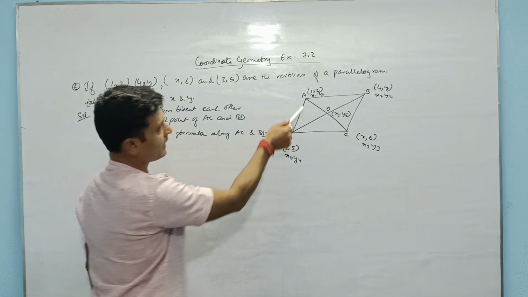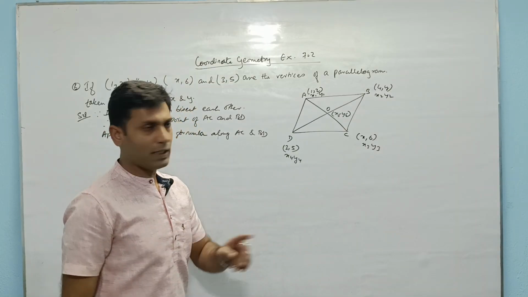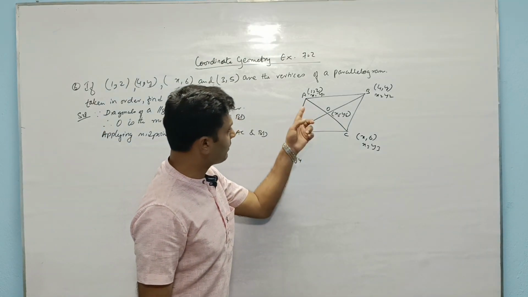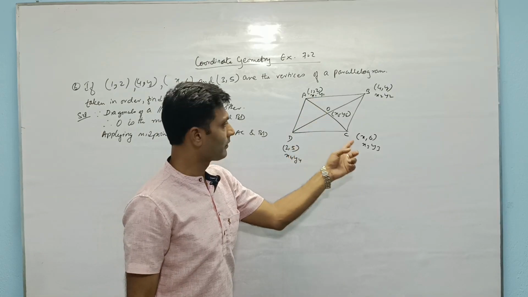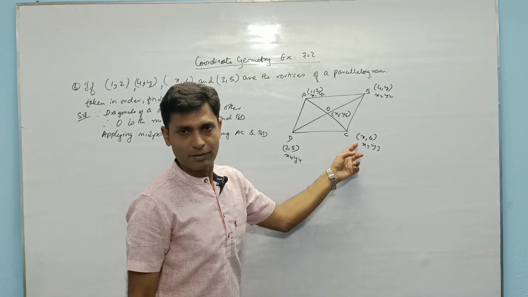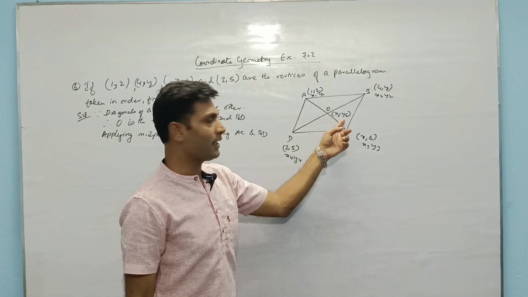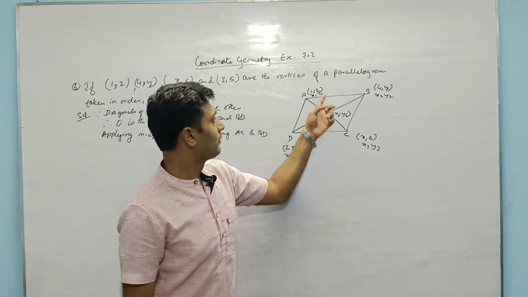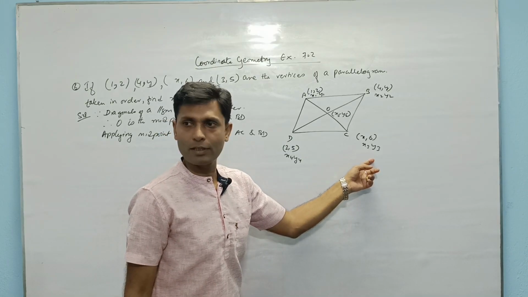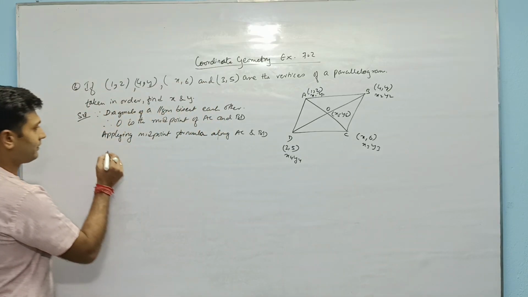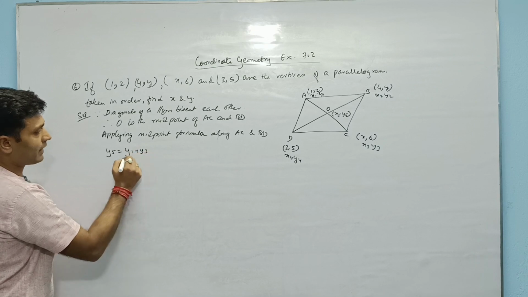So along AC, what we need to keep in mind is that here we have x1 given, but the x3 value is not given. So I'll use the midpoint formula to find y5, because y1 is given and y3 is given. Clear or not clear? So we'll write here y5 is equal to (y1 + y3) by 2.